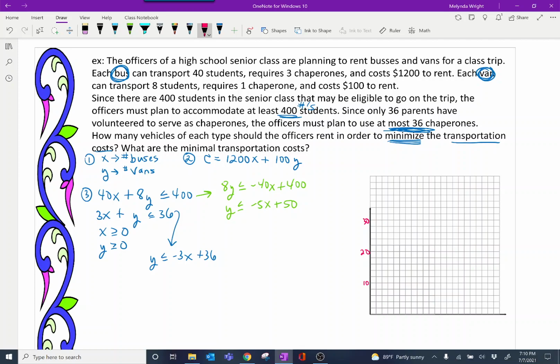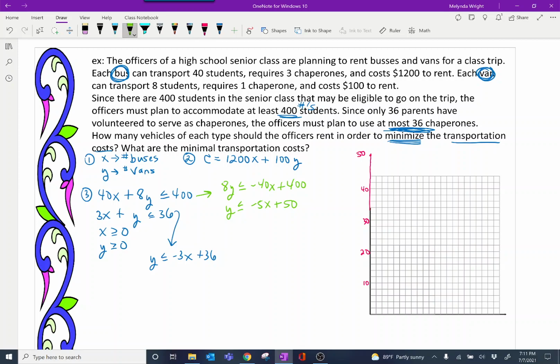You can do a different scale if you want to. 2, 4, 6, 8, 40. And then 2, 4, 6, 8, 50. We'll do 50 up here. Okay, so there's 50.